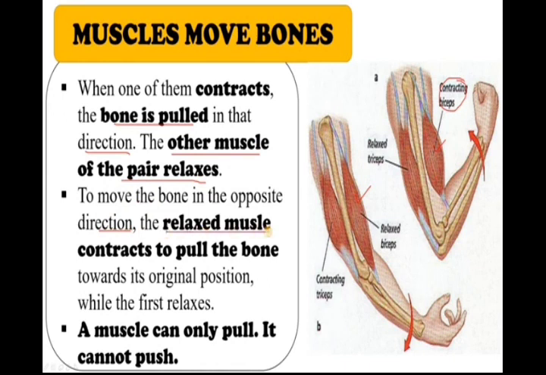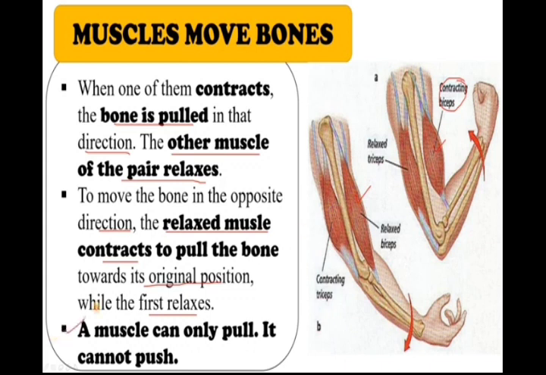There is continuous contraction and relaxation: one muscle should be contracted and the other relaxed. Only then is movement possible, and only then can you move your hand in both directions. Two muscles are required for the movement of a single bone.